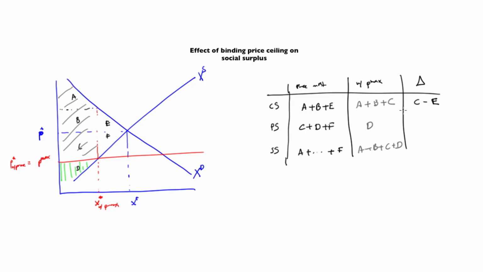Now, what happens to producer surplus? It goes down by minus C plus F. Sorry, minus C minus F, like this. And the difference in social surplus is minus E minus F. And that is, of course, the deadweight loss introduced by the policy. So it's going to be this area.